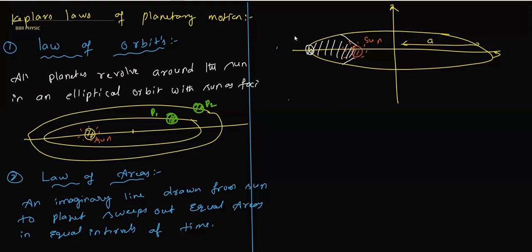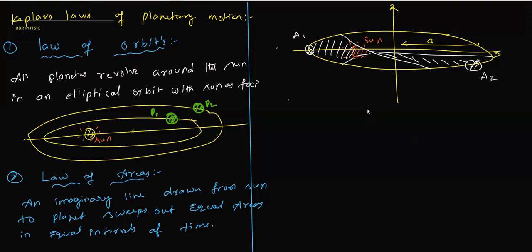This is the planet position, let us take A1. And for example, the planet is somewhere here, at the farthest position. Let us consider this is A2.